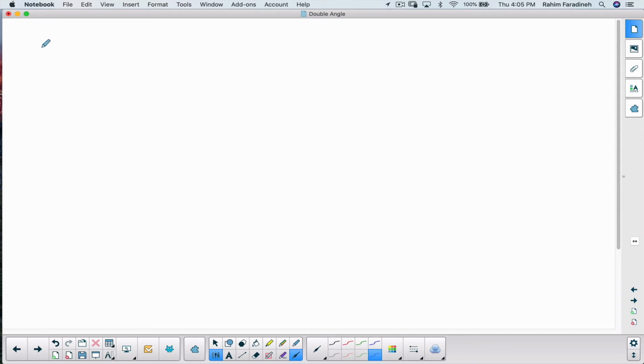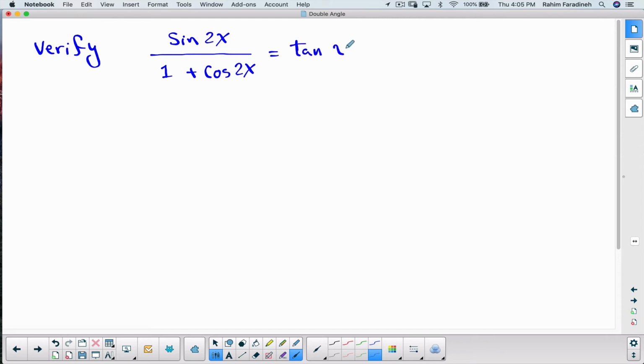Now let's look at the identity. I want to verify that sine 2x divided by 1 plus cosine 2x is the same as tangent of x.